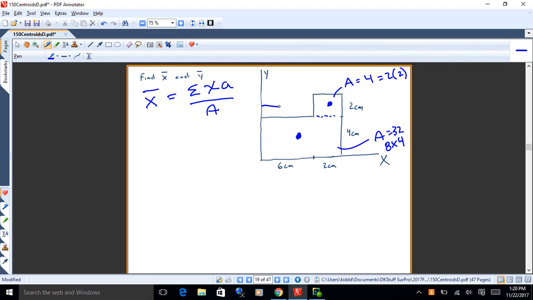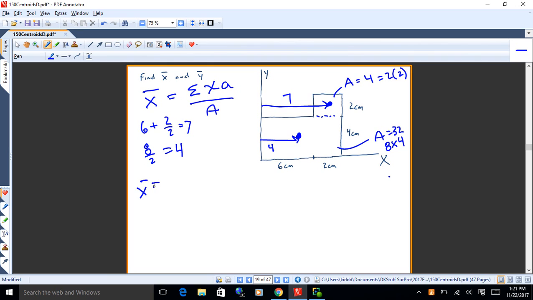And then I'll draw in these arrows to show the distance to these centroids. Half of 8 is 4. And then I've got 6 plus 2 over 2, which is 7.